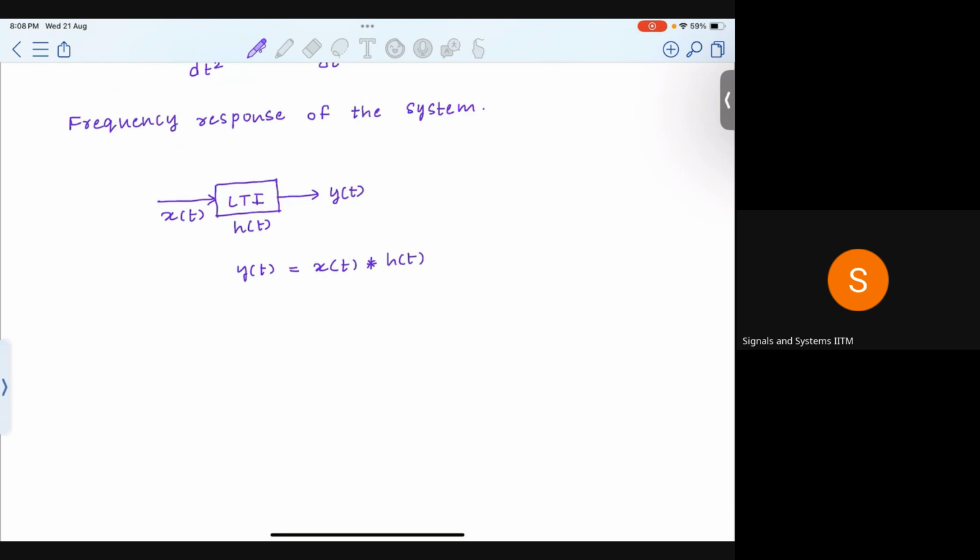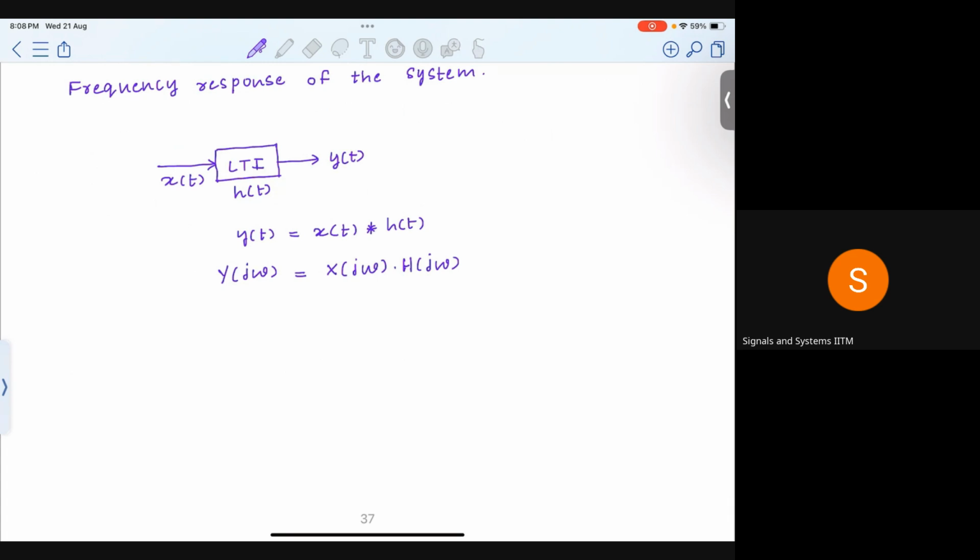When you write in the frequency domain representation, y of j omega is nothing but x of j omega times h of j omega. Correct?